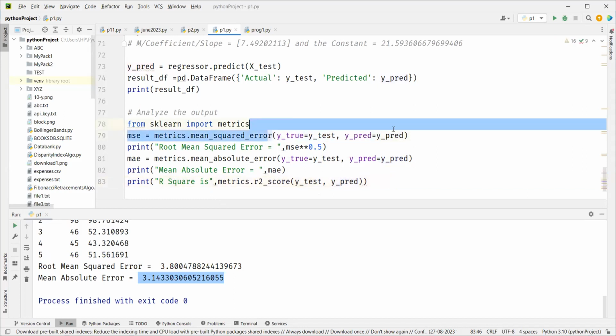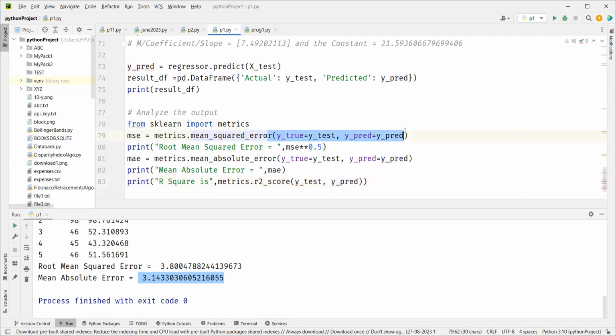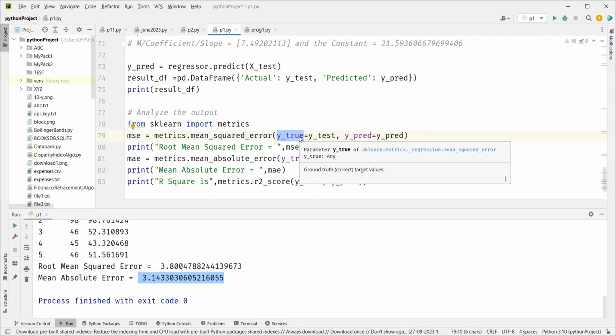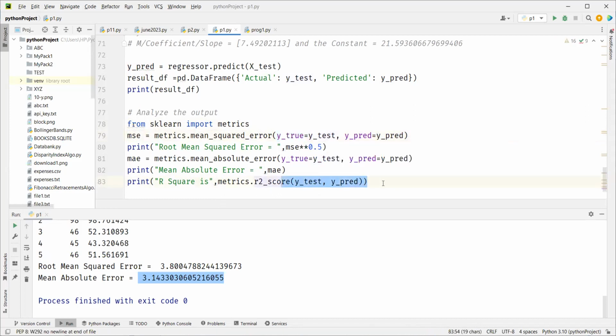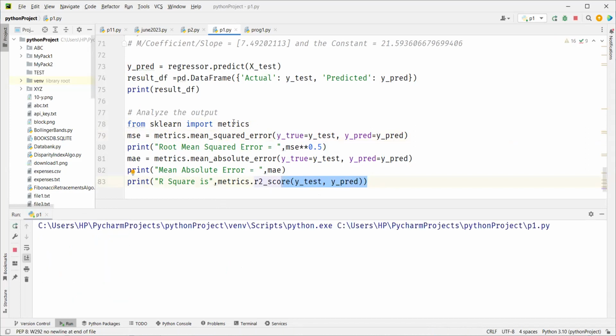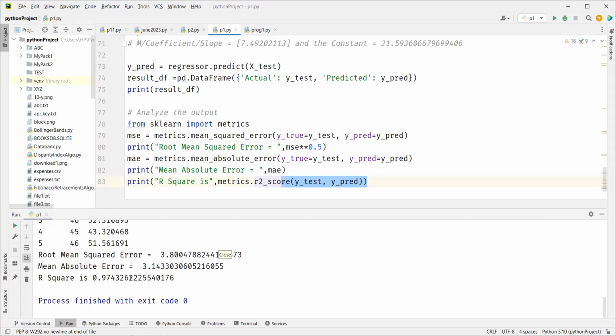This is like keyword arguments, where you call the variable used in the function definition, and this is your first type, required arguments. So for this experiment, you get R square as somewhere around 0.9, I guess. Yes, you see 0.97. So this is how you analyze your model.